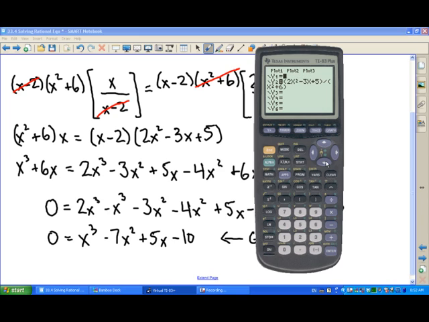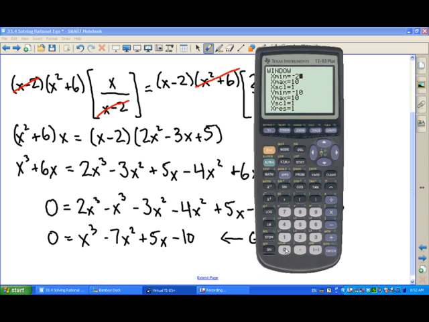So let's clear what I've been working on previously, and we'll graph x cubed minus 7x squared plus 5x minus 10. I can't see a full picture, so I'm going to zoom my window out a little bit.